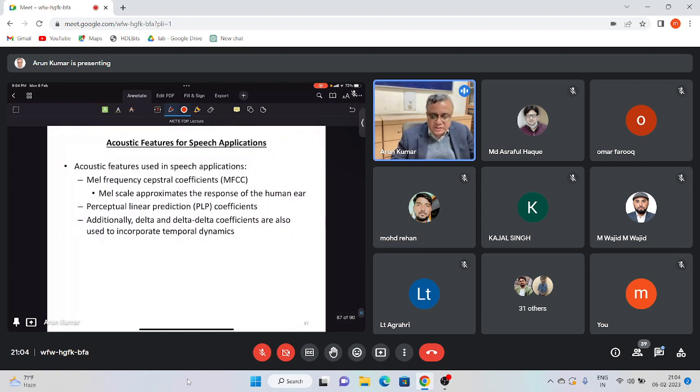So acoustic features used in speech applications are Mel frequency cepstrum coefficients. The Mel scale approximates the response of the human ear. Something similar to MFCCs are also perceptual linear prediction coefficients, which are derived from linear prediction coefficients.